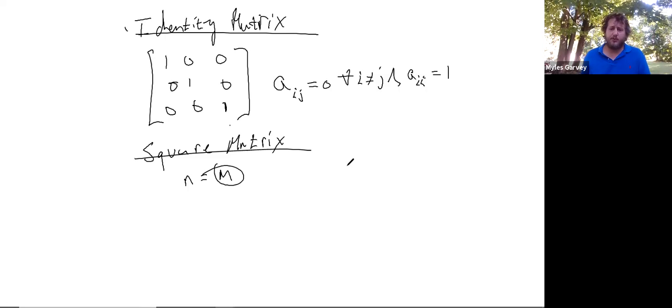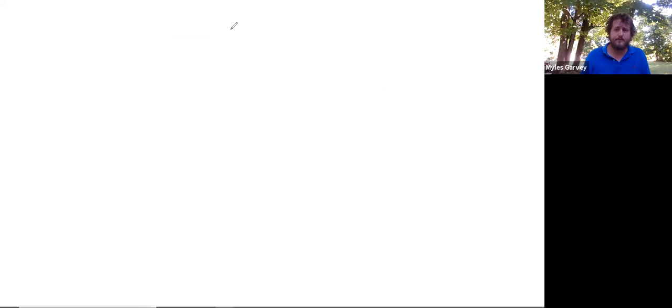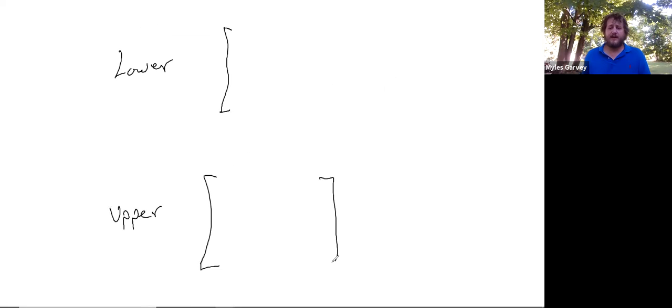Last, we have two very important types of matrices which help us do what's called decomposition, which we'll get to much later. We have what's called lower diagonal or triangular, and upper diagonal, also known as triangular. And what these simply mean is, for the lower, if we look at everything below the diagonal, we have non-zero entries in the matrix. Everything above the diagonal is just straight 0.